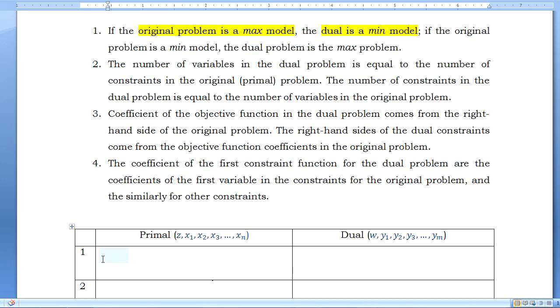Okay. If the objective function of the primal is to maximize Z, therefore, the objective function of the dual will be minimize W. And if the problem is to minimize Z, therefore, the objective function of the dual is to maximize W.